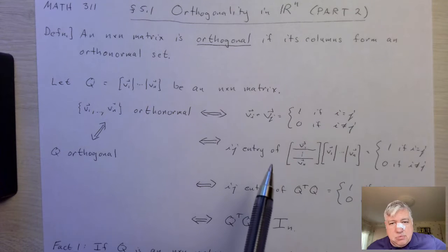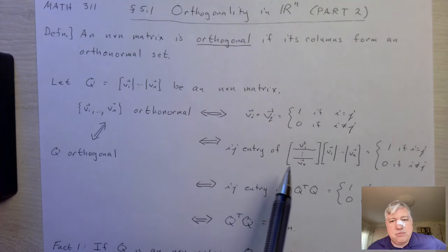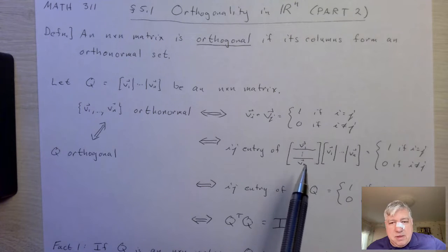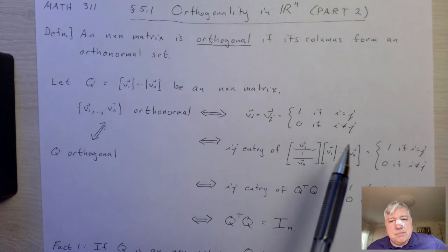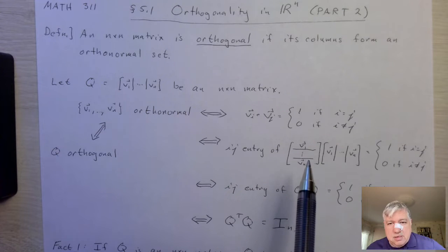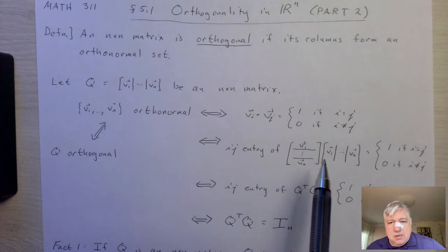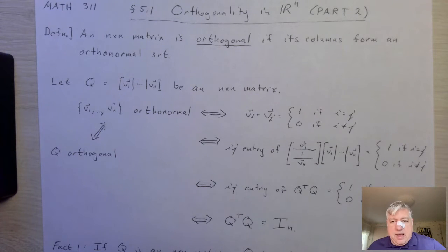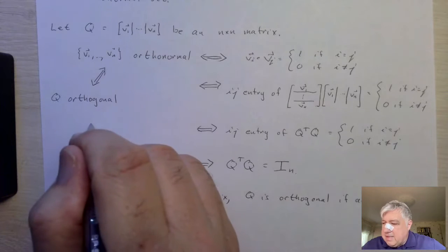But if that's the case, this dot product is precisely the ij entry of the matrix Q transpose times Q. If the ij entries are 0 everywhere except on the diagonal, and they're 1 on the diagonal, well, that's the identity matrix.